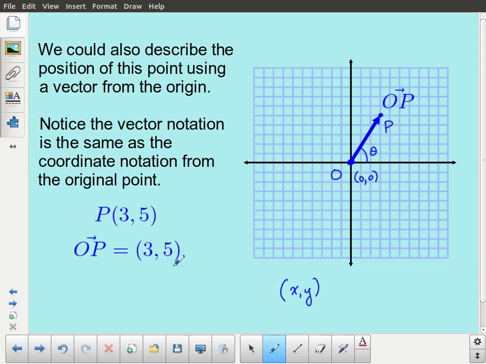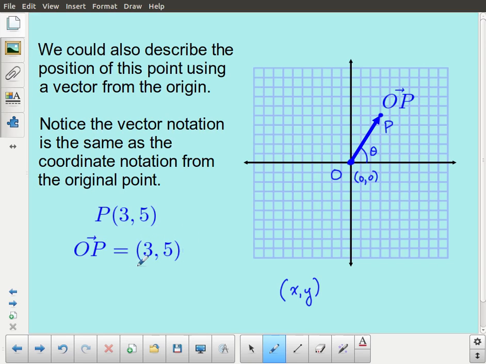The thing I want to bring to your attention right away, and something you just need to reinforce constantly, because you've run into this idea already with different types of math, is that context matters. What I mean by that is you have to recognize what you are looking at, what the information is that you're being given, depending on the context, depending on the situation. In this case, I have vector OP, and I'm saying that's equal to (3, 5).